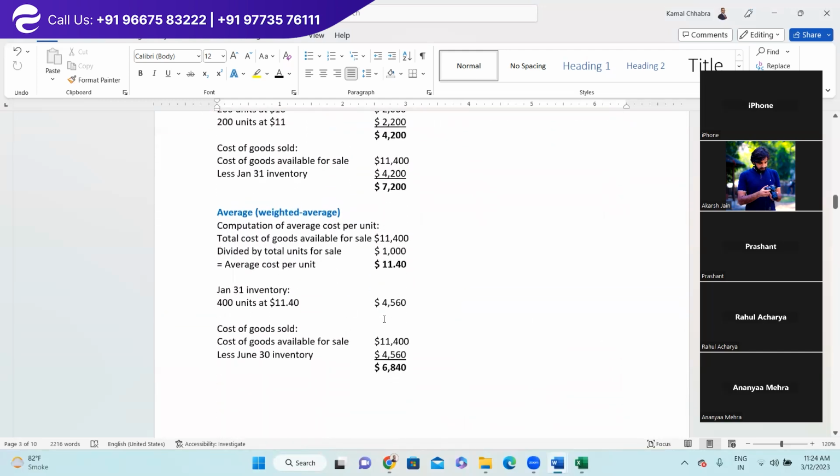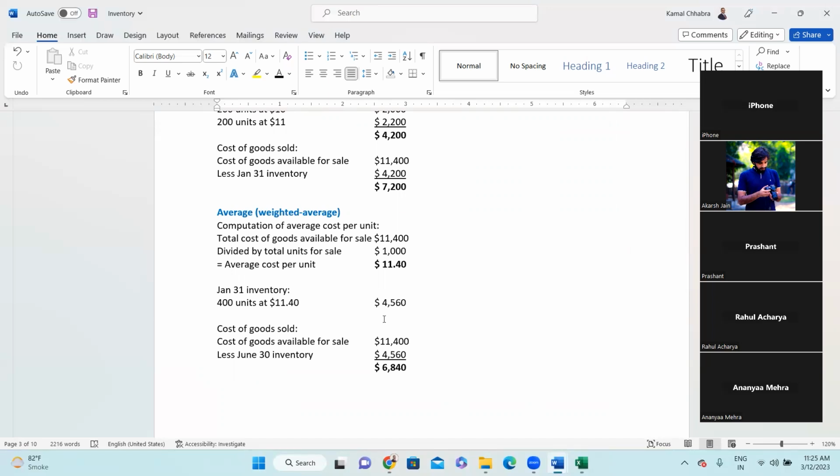Right. 6840. So computation of average cost per unit is total cost of goods available for sale, 11,400, divided by total units for sale, 1,000. So 11.40 is the per unit average cost. So for closing inventory we have 400 units multiplied by 11.40, it is 4560.